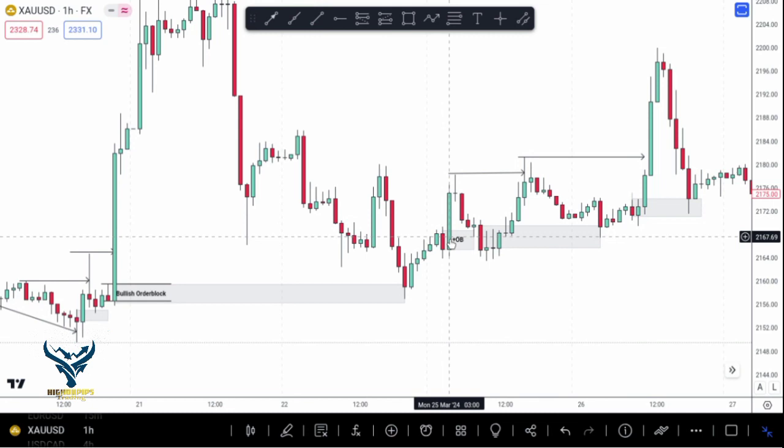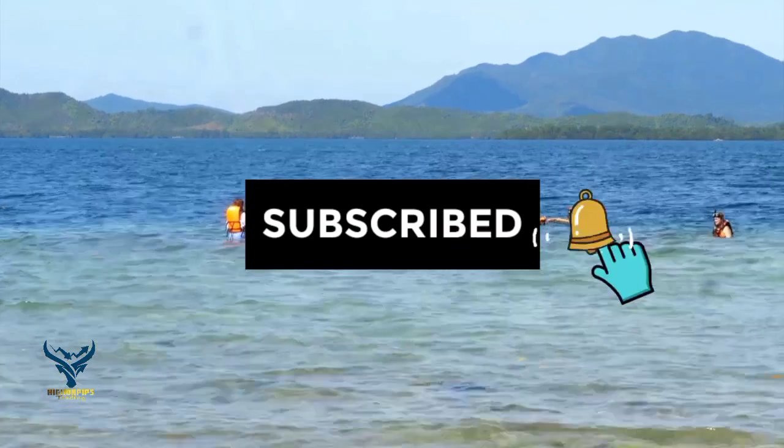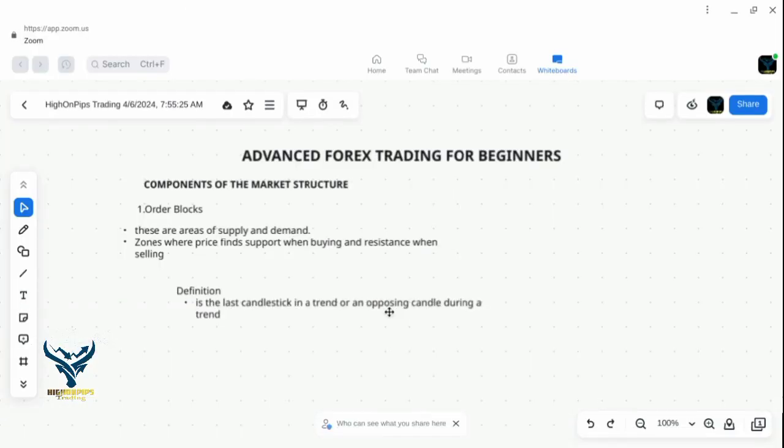There is this red candlestick that is in the middle of green candlesticks. This is also an order block, right? What do I mean by that? Remember, in our definition I said it is also an opposing candle during a trend.